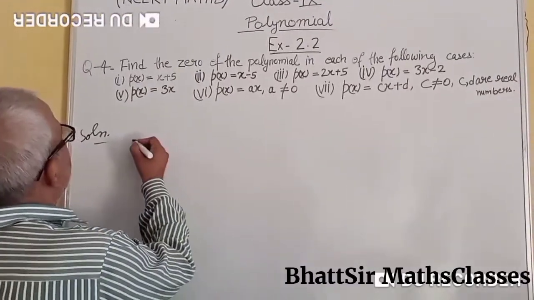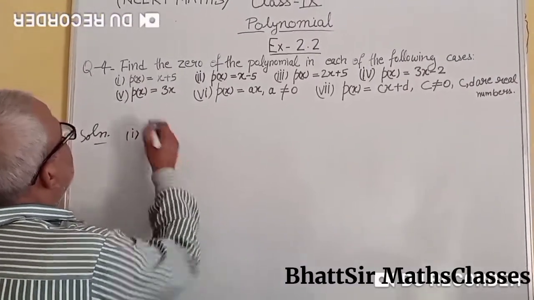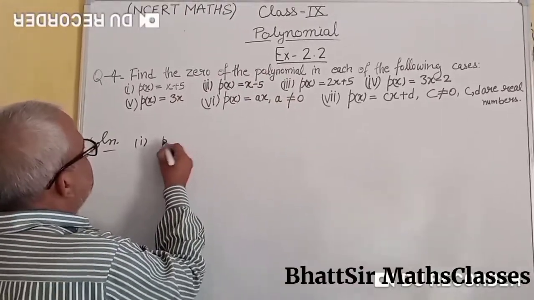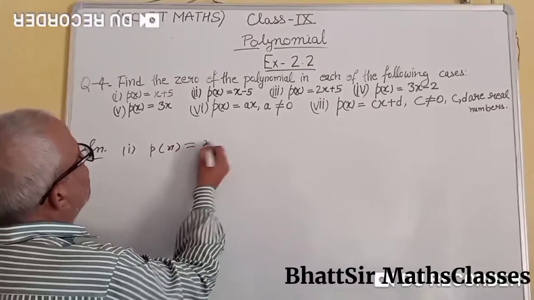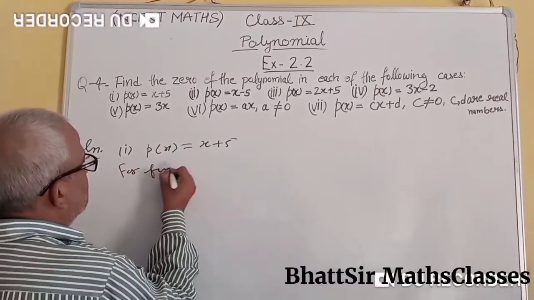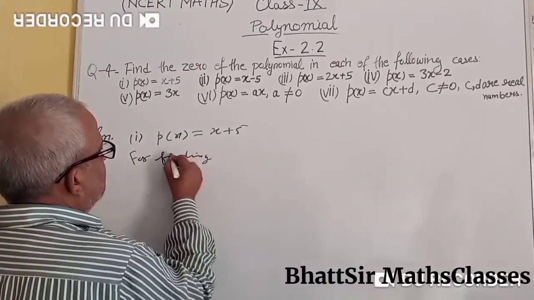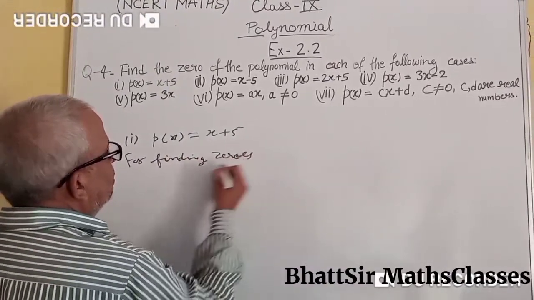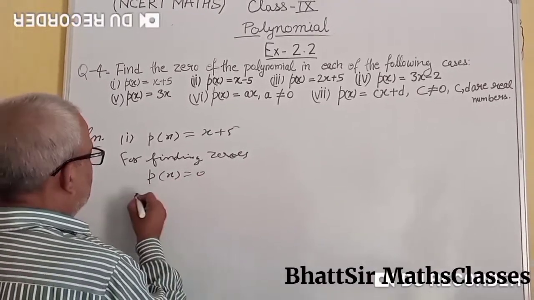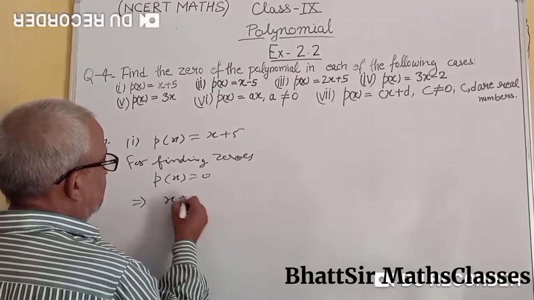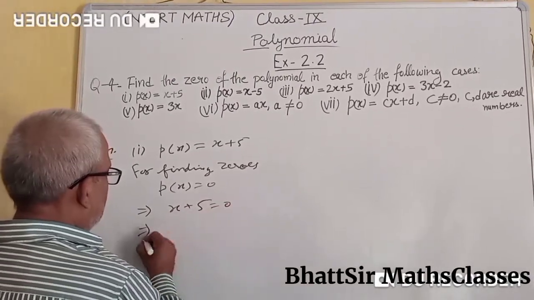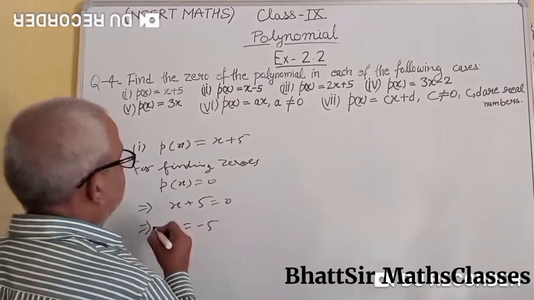Now, I am giving a solution. First part. Find the zero of the polynomial in the following cases. It means P(x) equal to x plus 5. For finding zeros, P(x) equal to 0 implies that x plus 5 equal to 0, implies that x equal to minus 5.